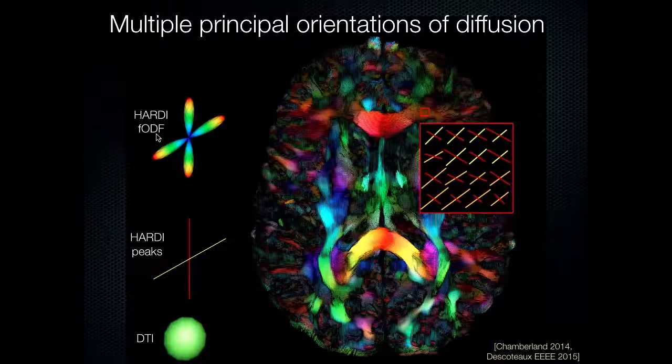And there can be more than one at every voxel. So either as discrete peaks or as a function on the sphere describing the most probable directions of diffusion. Again, highlighting that in these configurations, the diffusion tensor is a flat profile without any preferred direction. Then tractography comes into play. The computational process of connecting the dots is tractography.